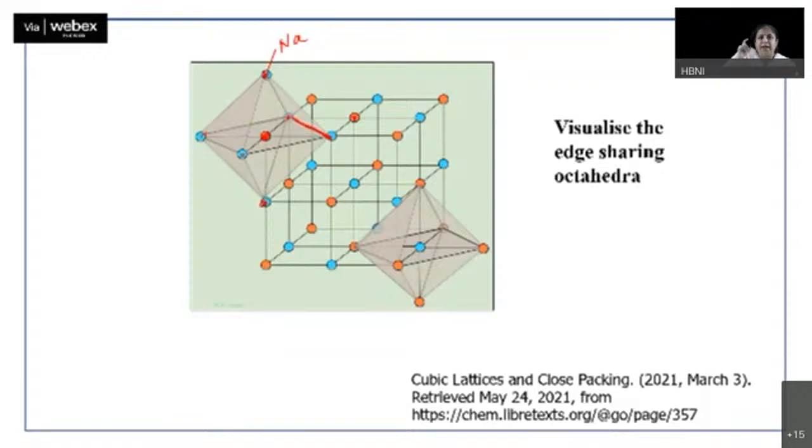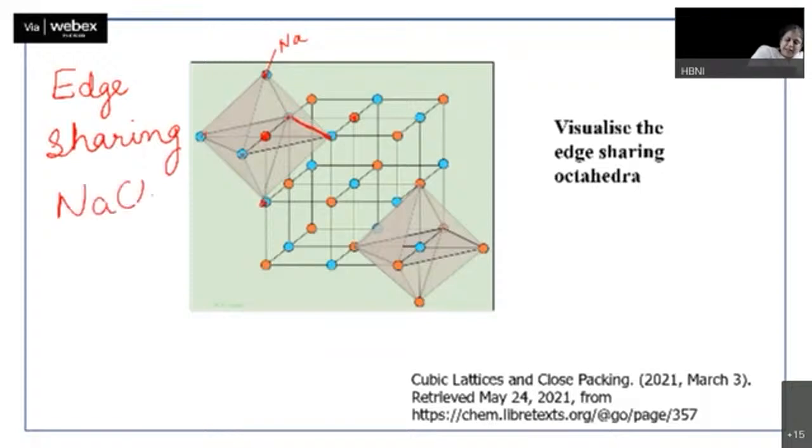So NaCl can also be defined as a three-dimensional arrangement of edge sharing NaCl6 octahedra.